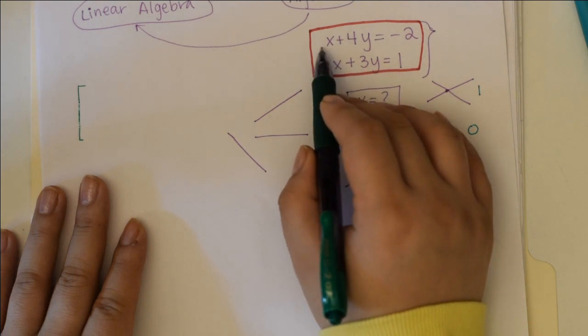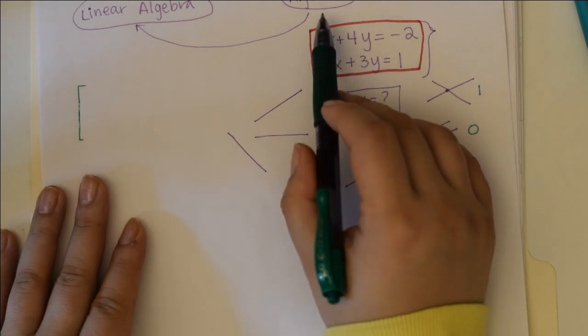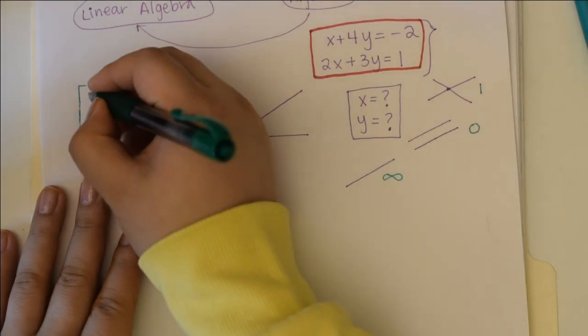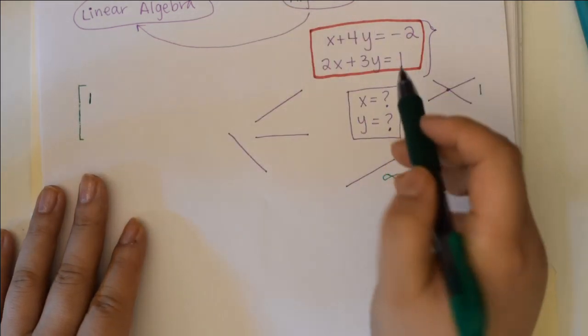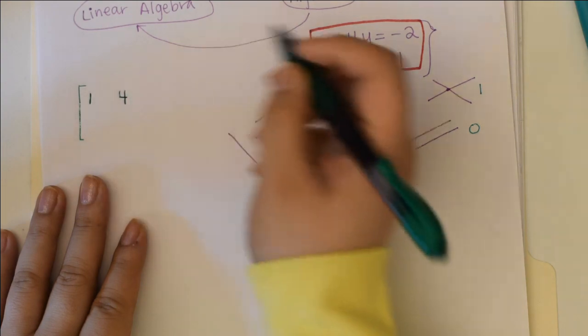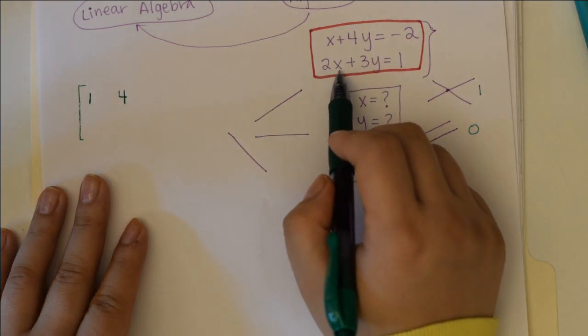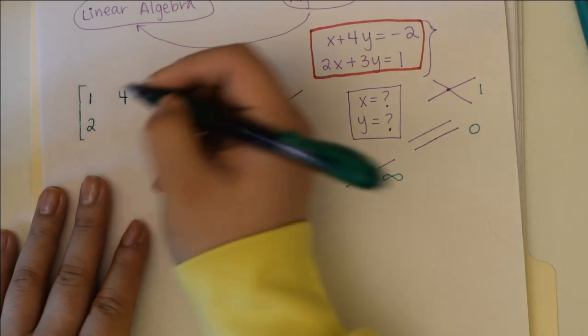You might remember that from one of my streams if you've been around, but there's a secret 1 there. Okay, and then we have 4. And we'll look at this in a second, but for here we have 2x, and then we have 3.